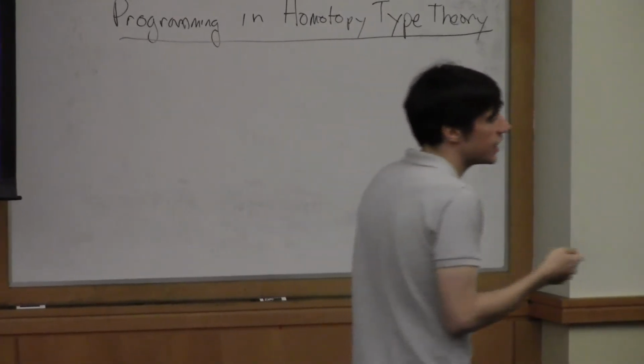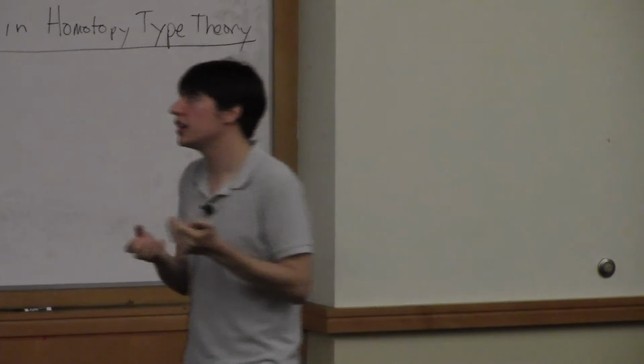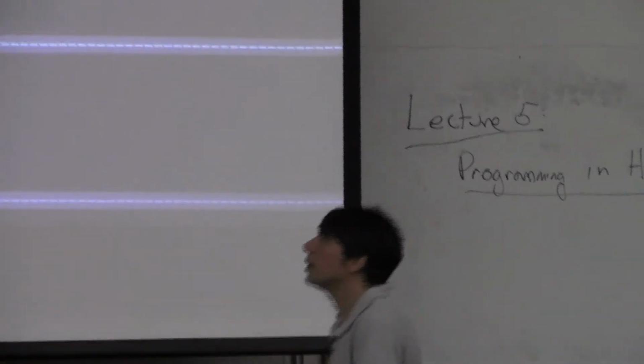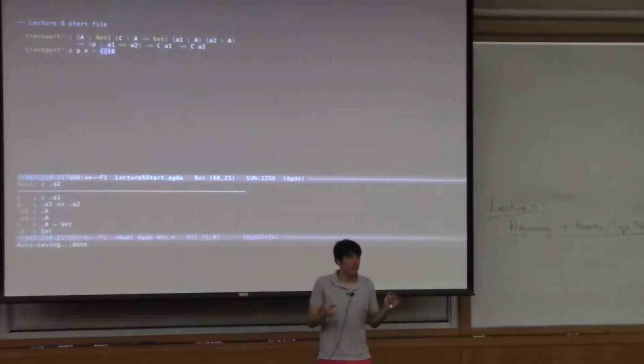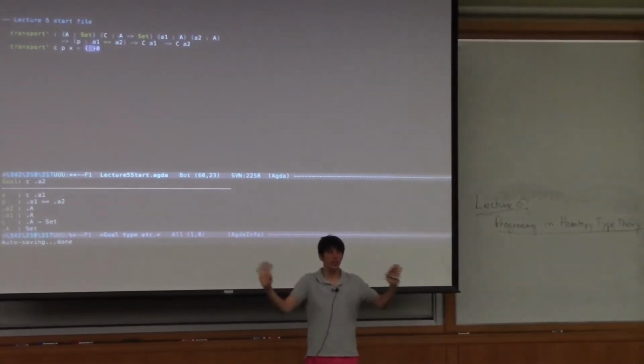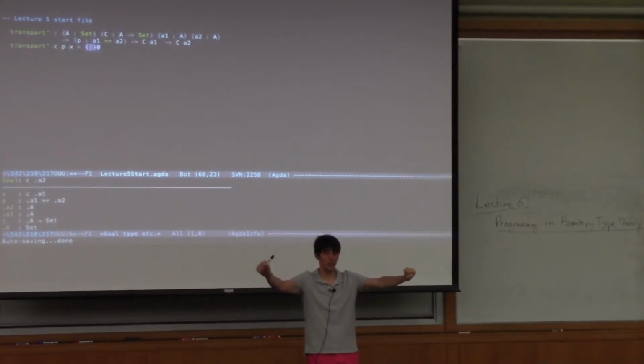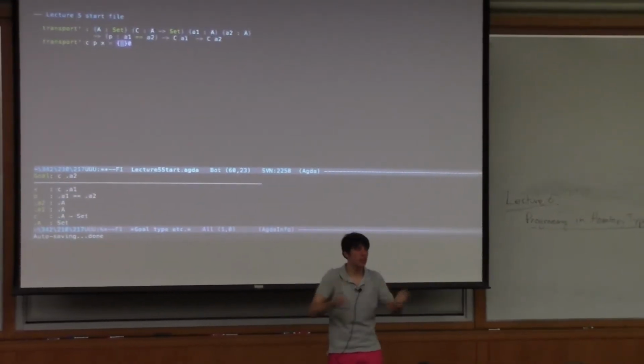So here what we're saying is, give me any context C, and if A1 and A2 are equal, then C of A1 and C of A2 are equal. Now, we're not quite asserting that C of A1 and C of A2 are equal yet. We're just asserting that I can get from C of A1 to C of A2. Okay? But it's the same kind of idea.